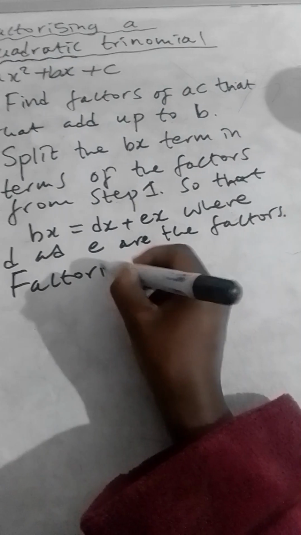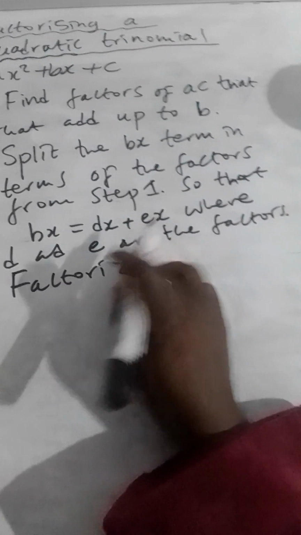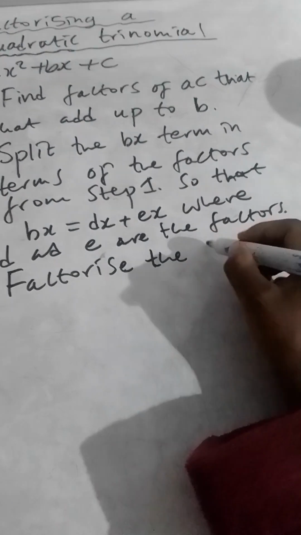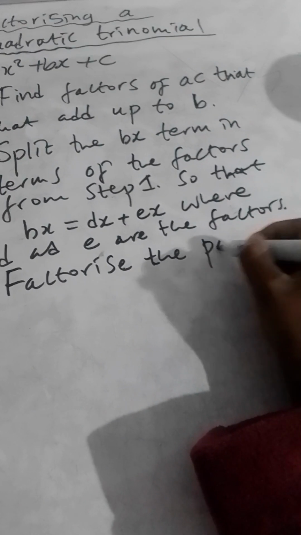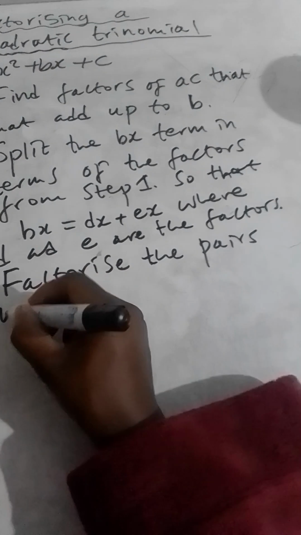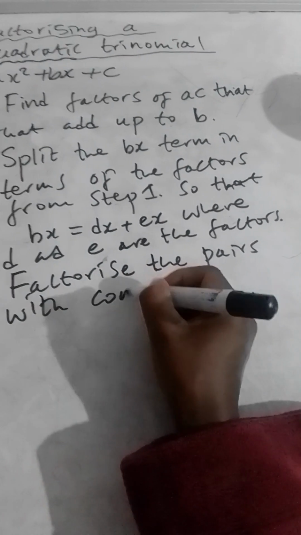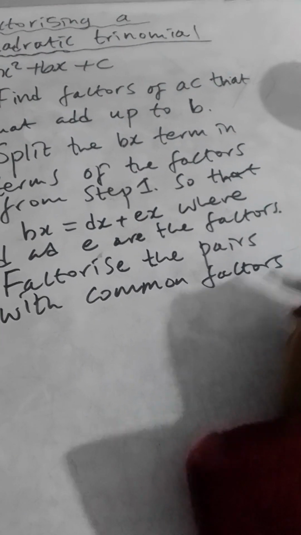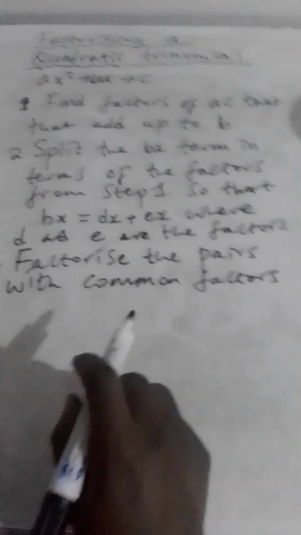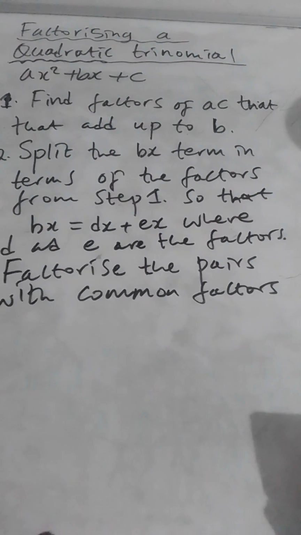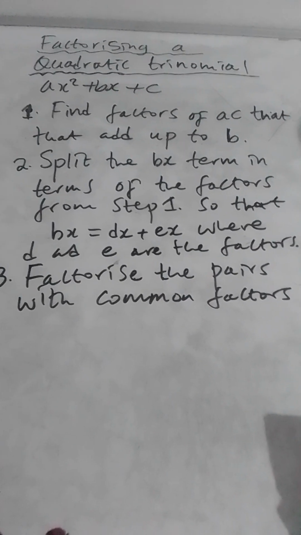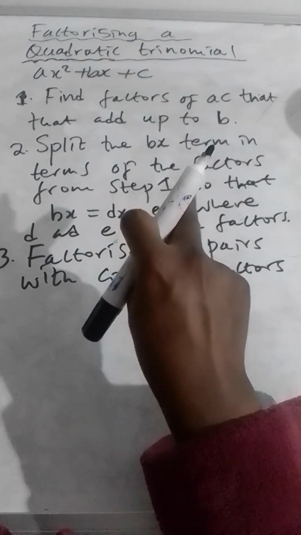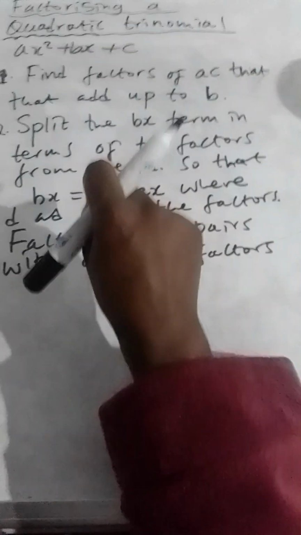Okay. And then number 3, factorize the pairs with common factors. In factorizing the pairs with common factors, you cannot group the terms that are coming from the two factors together.